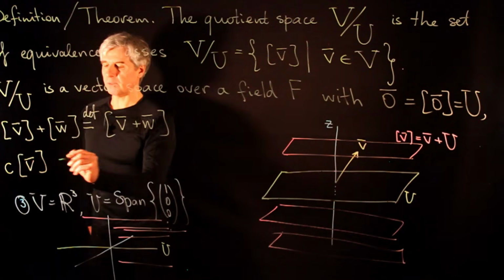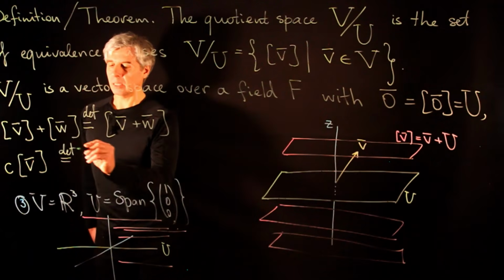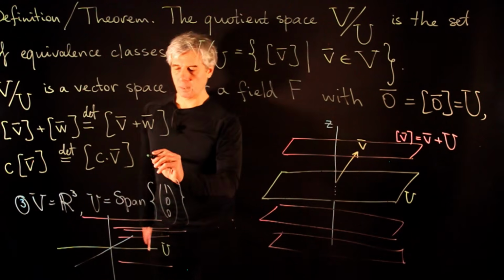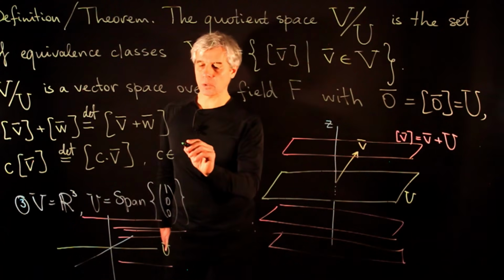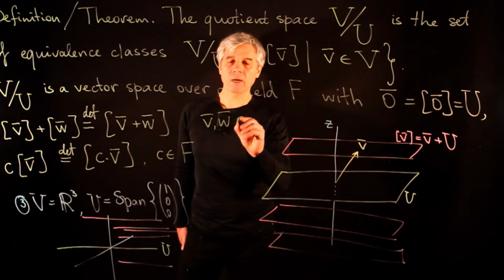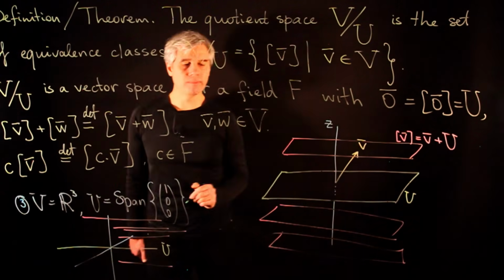So c times the class of V by definition is the equivalence class of c times vector V, where c is a constant from F and V and W are in vector space V.